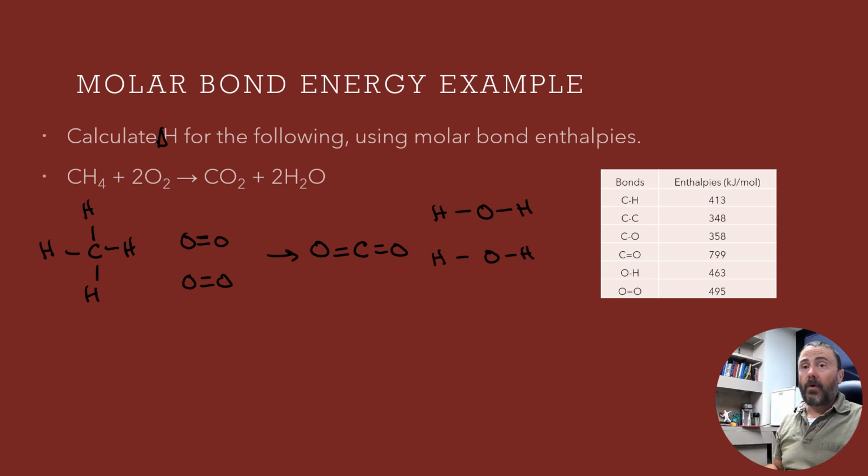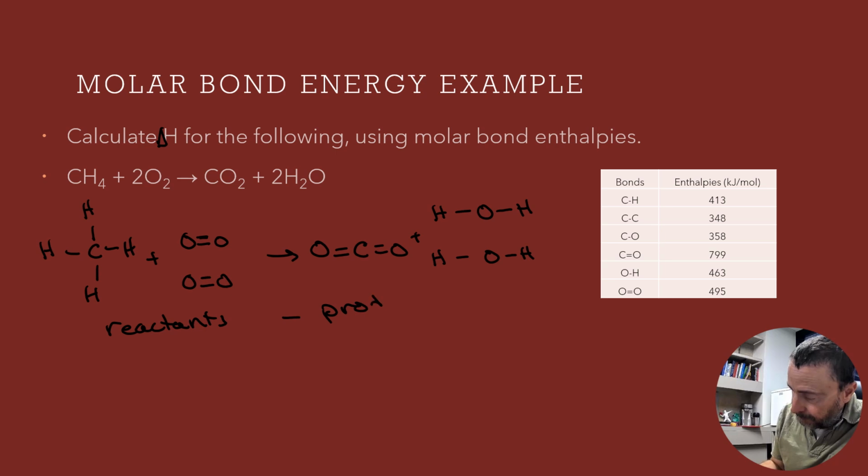When I want to calculate this out, what I'm going to do is reactants minus products, backwards from what we did before. Notice that there are 1, 2, 3, 4 carbon to hydrogen bonds there.